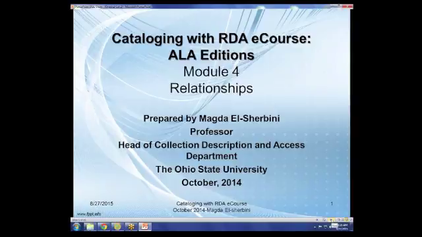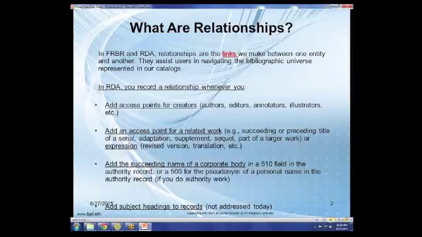That I think will then comprise the complete review of part 1 and then part 2. So, taking it from the top, relationships. Relationships exist between entities in RDA vocabulary.